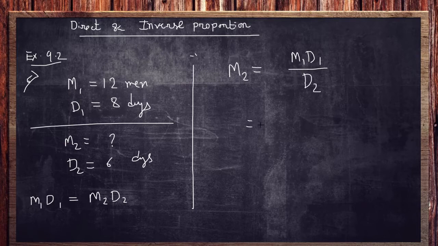So this is totally completed right now. We just have to put the values over here. That is 12 into 8 divided by 6, and it is very clear that it will be 16 men. So finally you got the number of men needed to complete the total work in 6 days, which is 16.